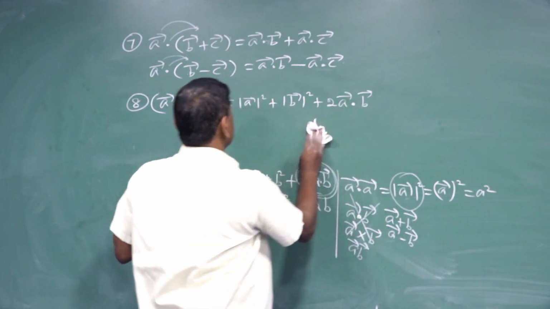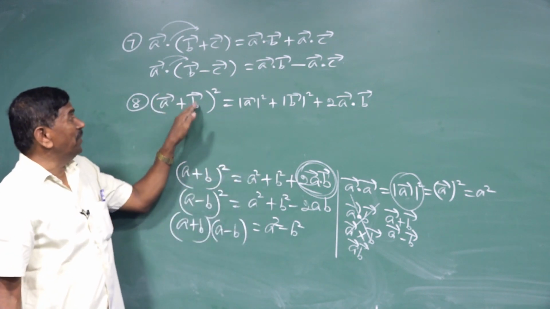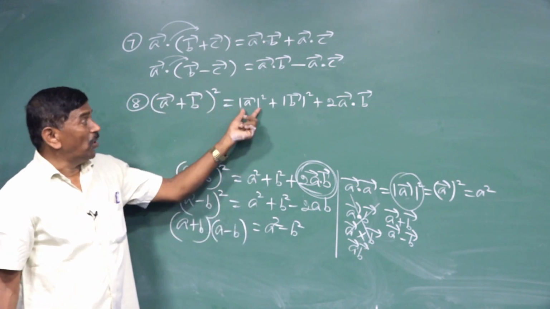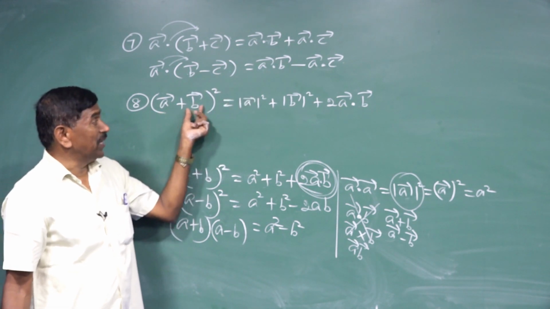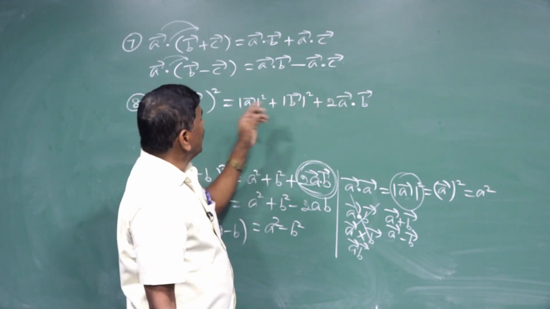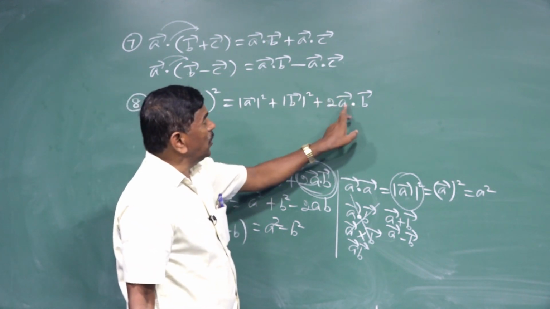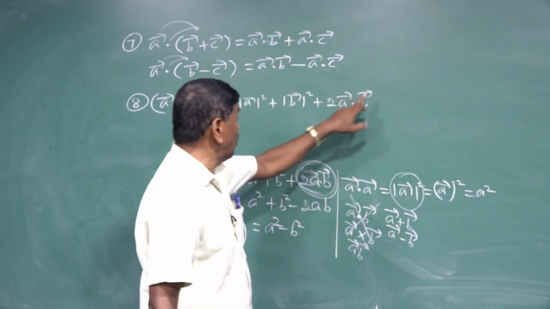Again listen, it comes from the algebraic formula. A vector plus B vector the whole square is equal to modulus A vector square, modulus B vector square plus 2AB. But in vector algebra, between two vectors we need a relation, which is the dot product, A vector dot B vector.